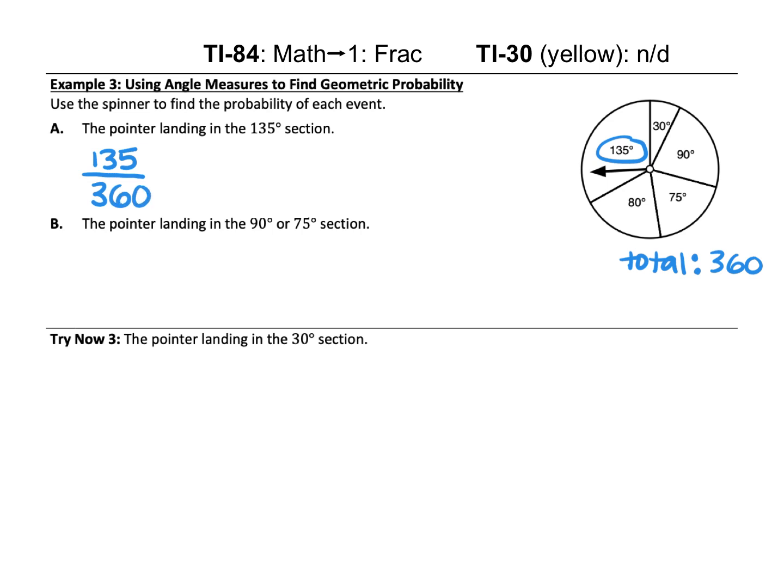Now we just need to reduce the fraction, and you have a fraction button on your calculator. If you have a graphing calculator, you type 135 divided by 360, click math, and then pick the first choice, fraction, and hit enter, and it'll reduce it for you. If you have a TI-30 scientific calculator, there's an N over D button that will reduce the fractions for you.